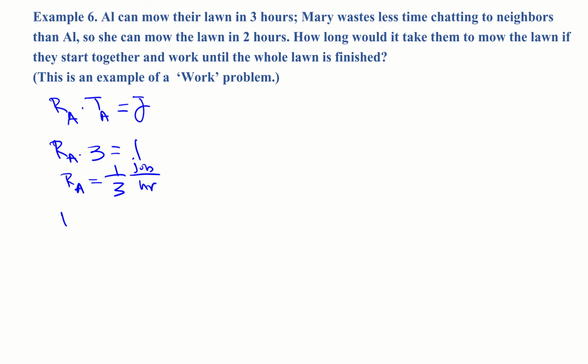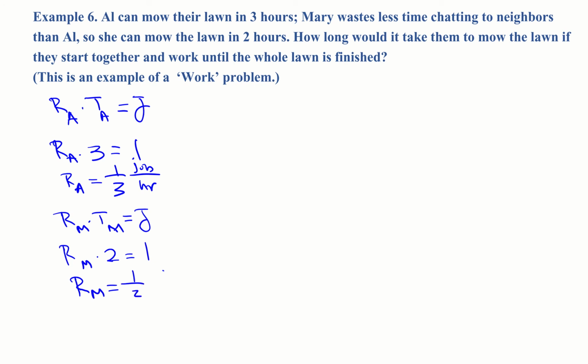Now we know we can set up the same thing for Mary. So we say rate Mary times time Mary equals jobs. Now we know that Mary can do the whole job in 2 hours, right? So if we set that equal to 1, we can find out what Mary's rate is. Notice it's 1/2.